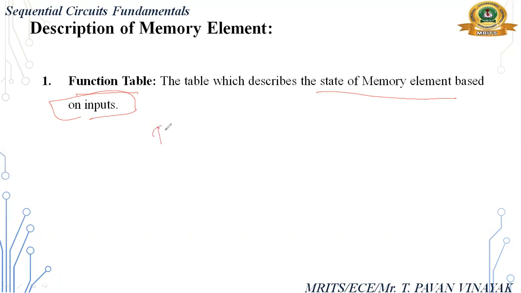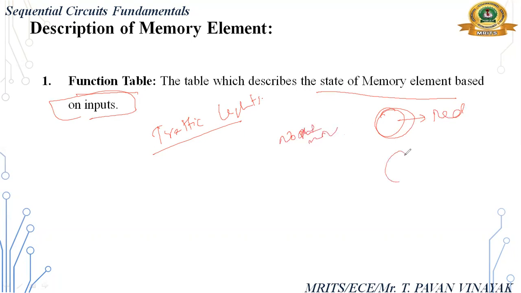For suppose, a traffic light. Whenever red is available at output, no one should move. Whenever we get green light, everyone can move. Whenever we get yellow, get ready to move.